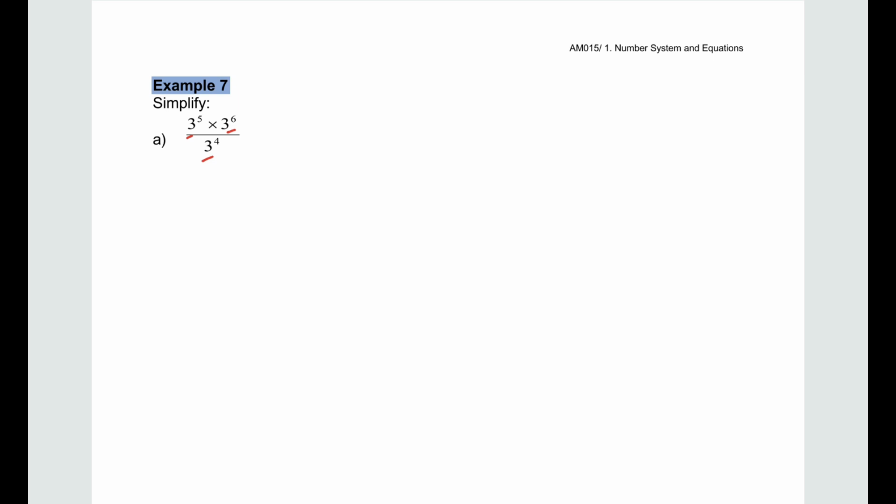So from here, it equals 3 to the power of 5 plus 6, and divided by 3 to the power of 4, so you write minus 4. So we get 3 to the power of 7, and the last answer we get 2187.